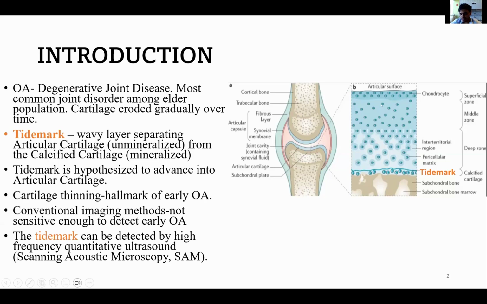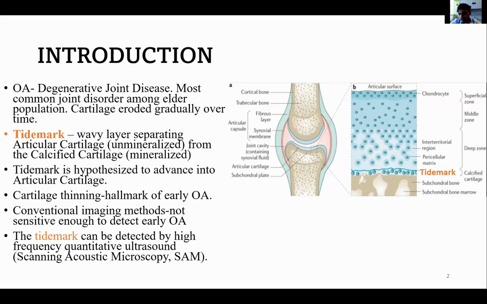If you zoom in, you can see that the cartilage itself can be categorized into different areas. There is something called the articular surface or articular cartilage, which is an unmineralized region, no minerals there. And even the articular surface can be divided into different zones depending on the composition of the extracellular matrix and the structure of the chondrocytes.